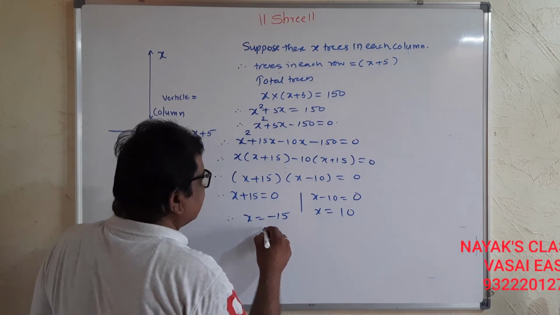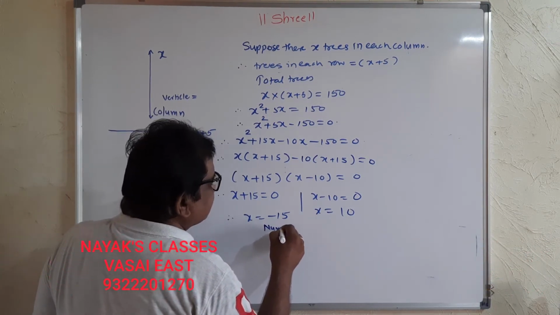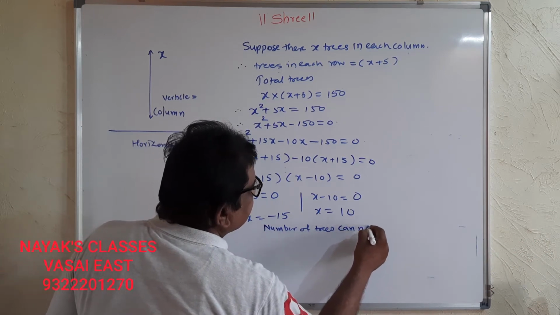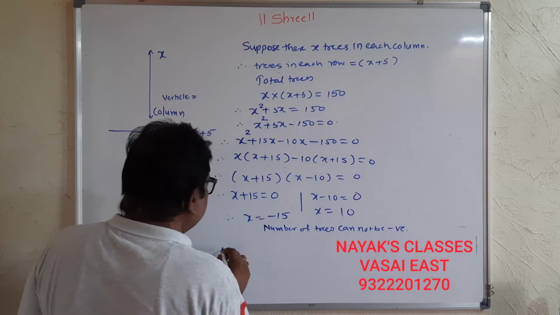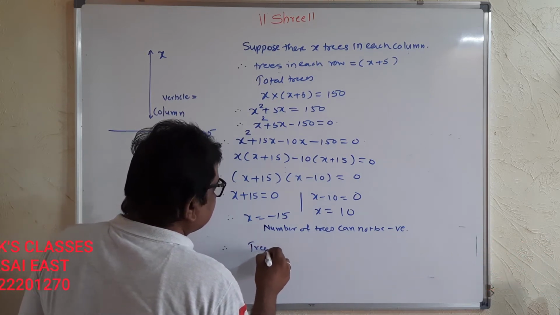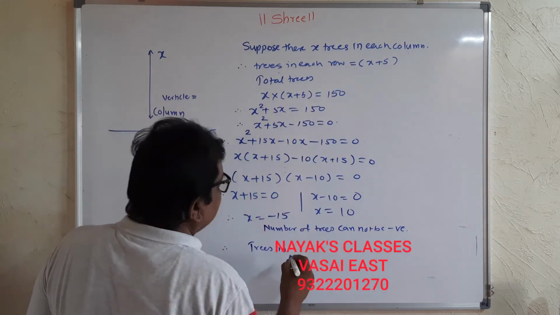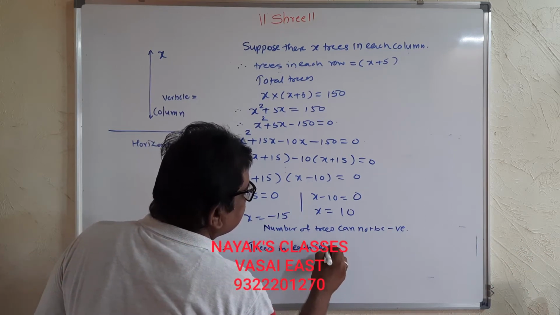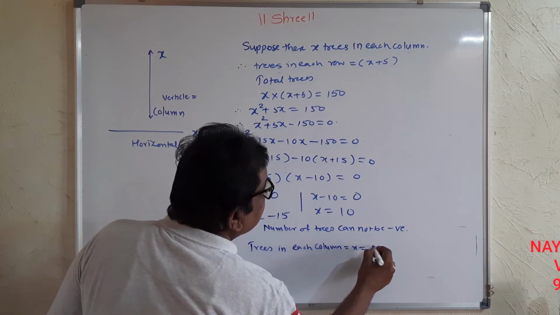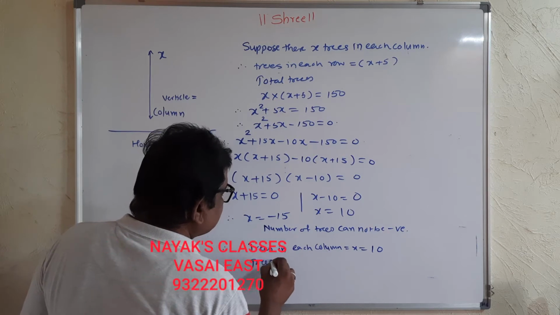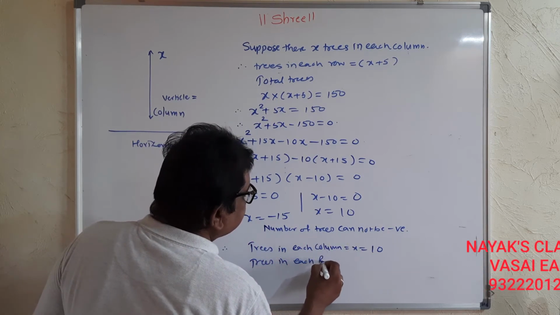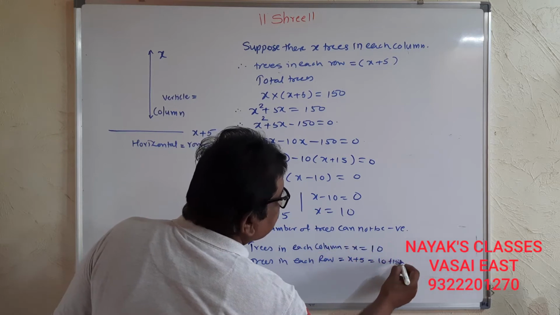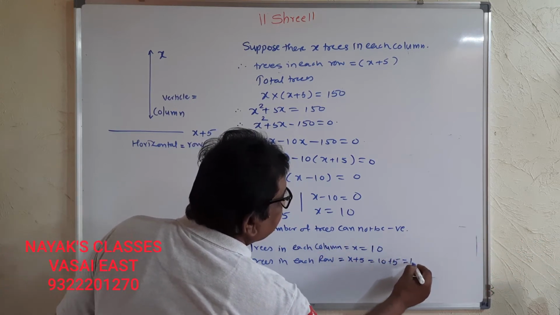Rejecting the negative value, since the number of trees cannot be negative, the trees in each column is equal to x is equal to 10, and the trees in each row is equal to x plus 5 is equal to 10 plus 5 is equal to 15.